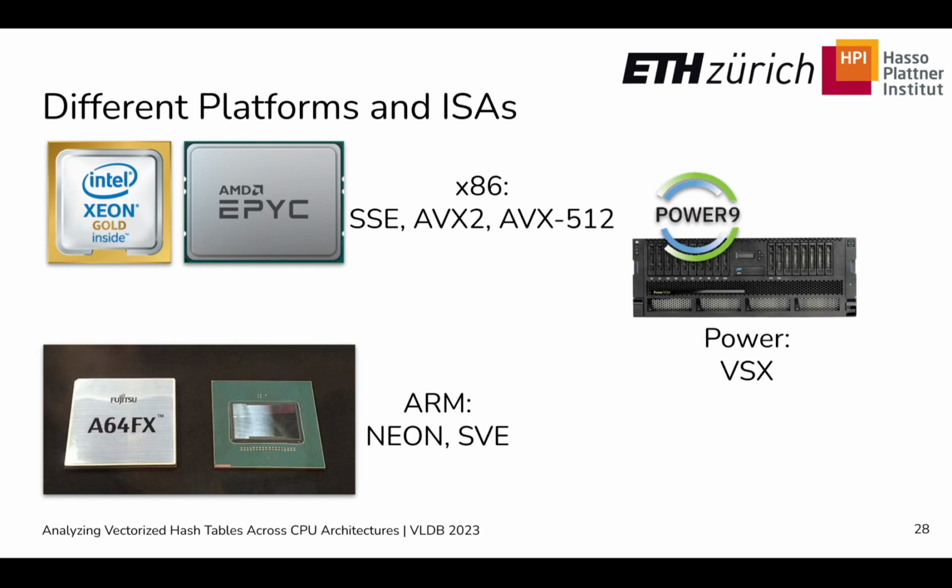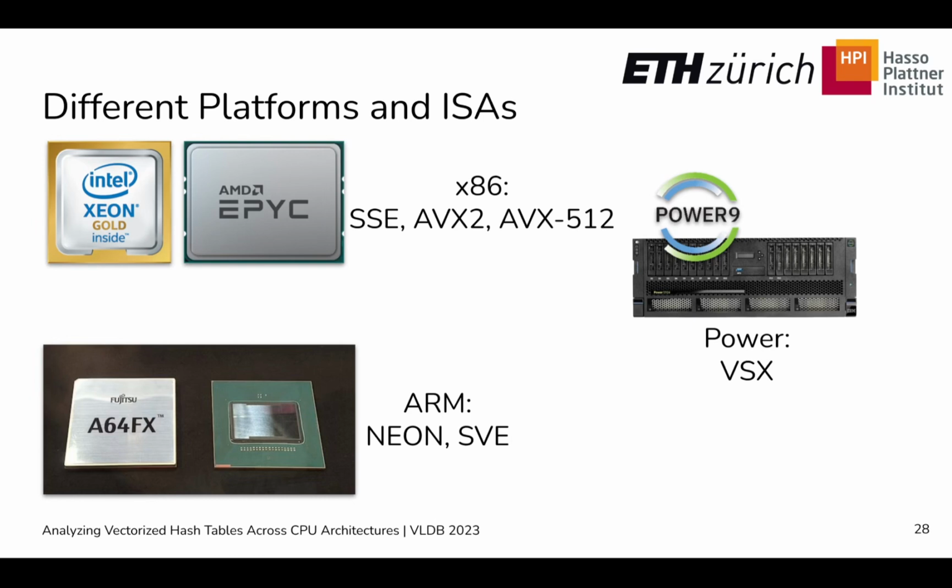And now, again, I want to stress that there are many platforms out there with different vector instruction sets. So on x86, you might be familiar with SSE, AVX2, AVX-512, which are different extensions with different vector register lengths. On ARM, there's Neon, which is basically only 128-bit registers, but there's also SVE.